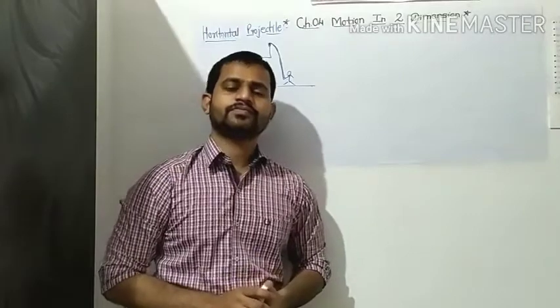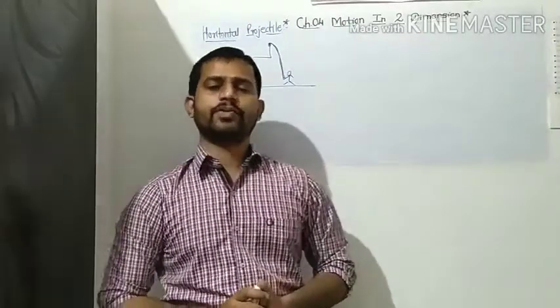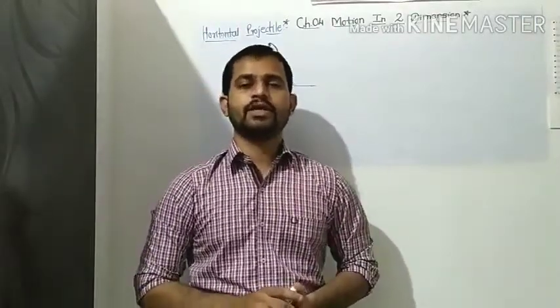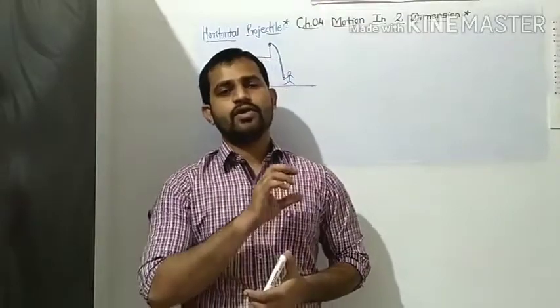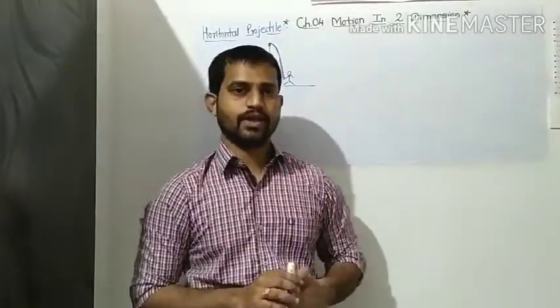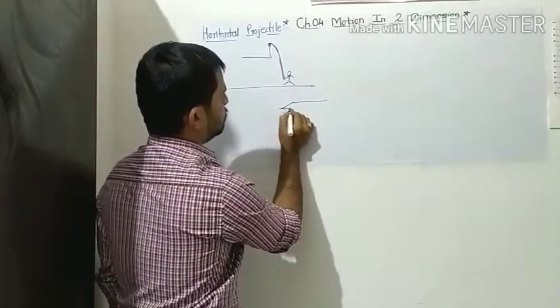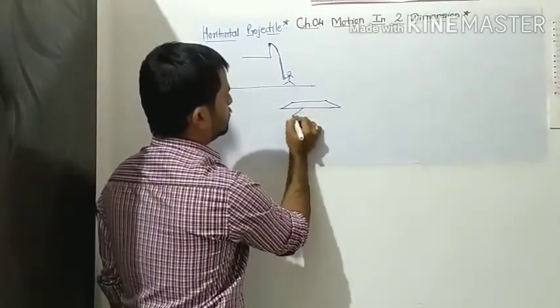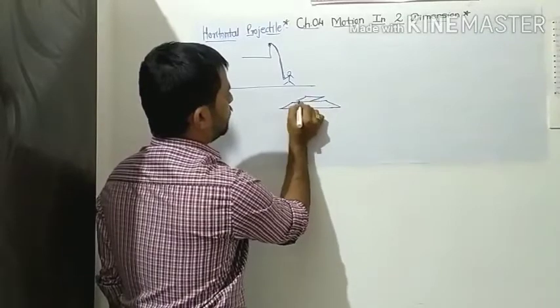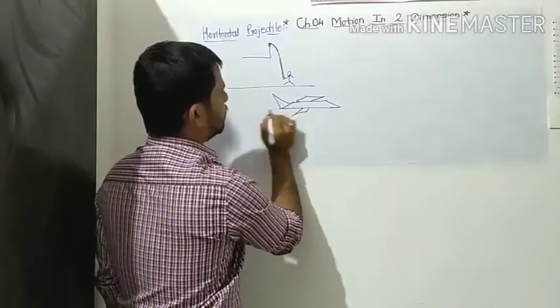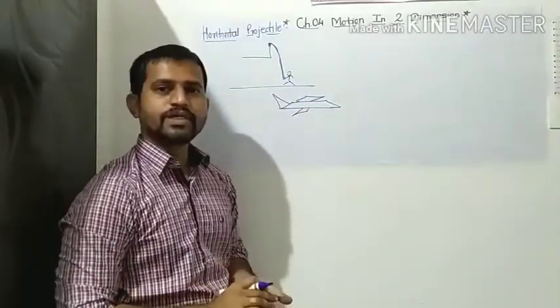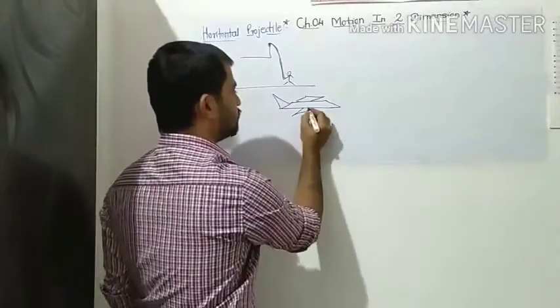Suppose the aeroplane is traveling along a horizontal path, and from this aeroplane one object is dropped.